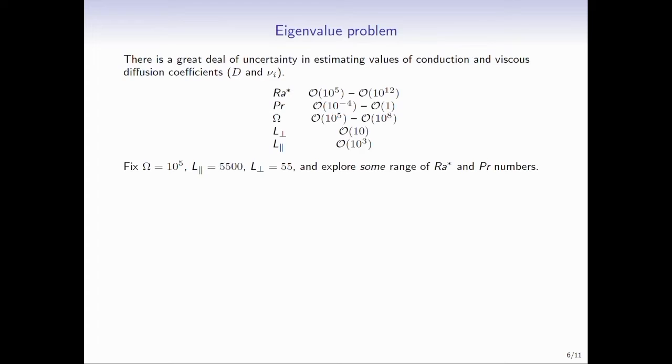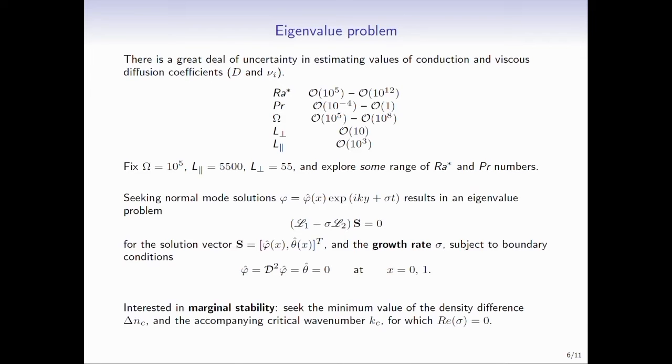We're going to focus on the effect of variation of the Rayleigh number and the Prandtl number because the uncertainty in those is the greatest. And we follow the standard approach. We postulate normal mode solutions, form an eigenvalue problem for the growth rate and the radial structure of the solution, and address the problem of marginal stability.